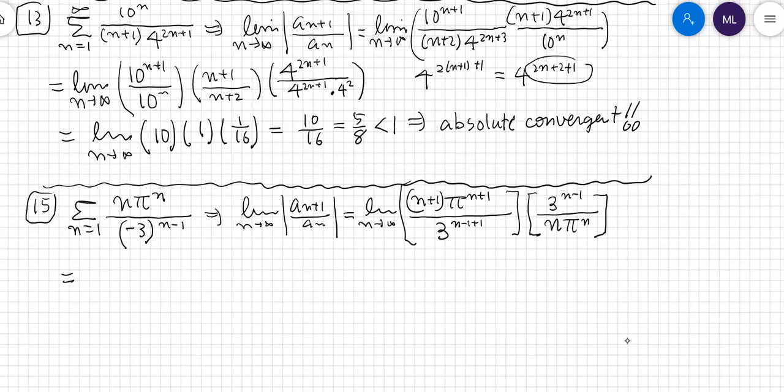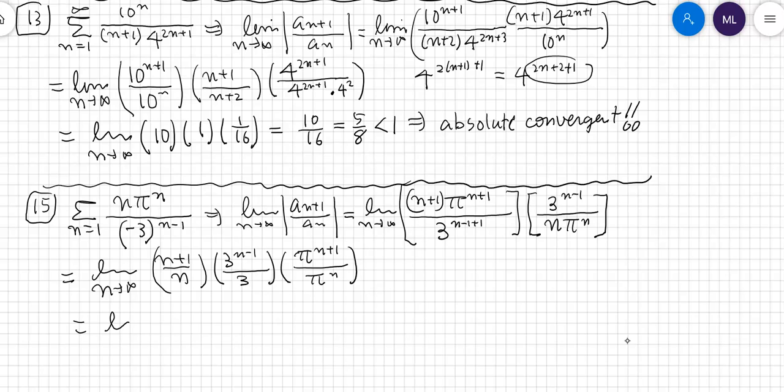Equal to the limit as n goes to infinity. Now see here, I'm putting together n plus 1 over n, 3n minus 1 over 3n, and pi to the n plus 1 over pi to the n. So this becomes 1, this becomes 1 over 3, and this is pi.